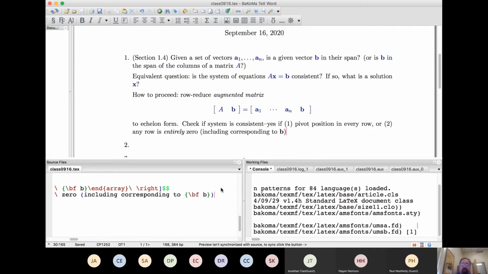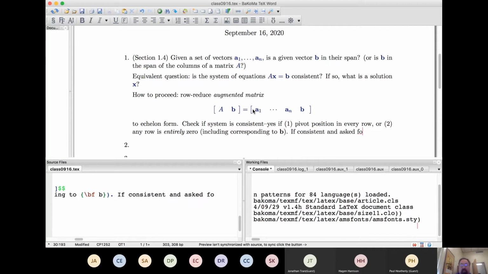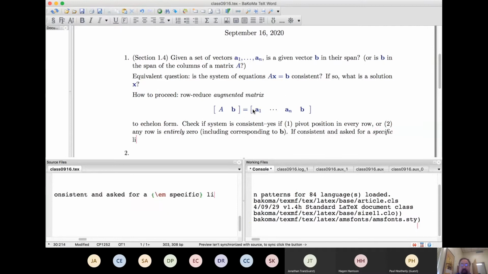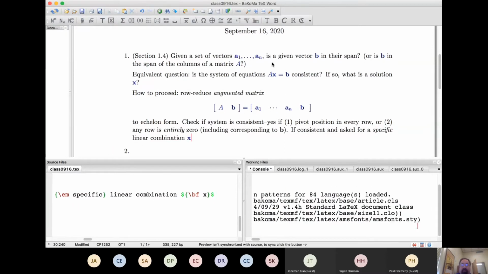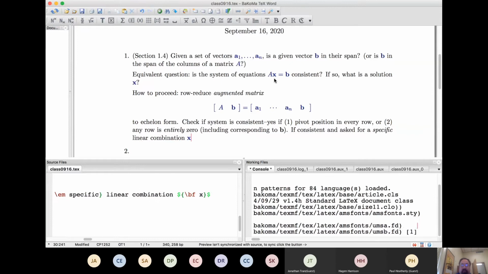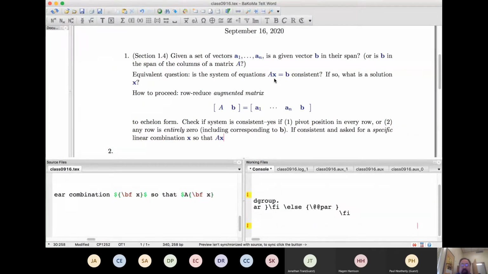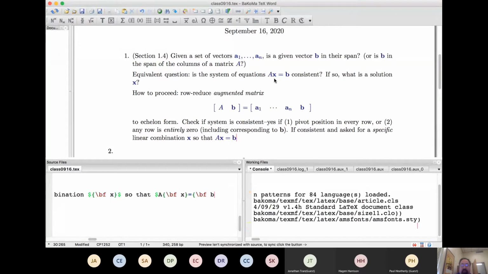Okay, now suppose you find that the system is consistent, so B is in the span of these columns. If a question asks you for a specific linear combination, in other words coefficients, which would be the elements of X, so that X equals B, then you actually have to come up with a solution.